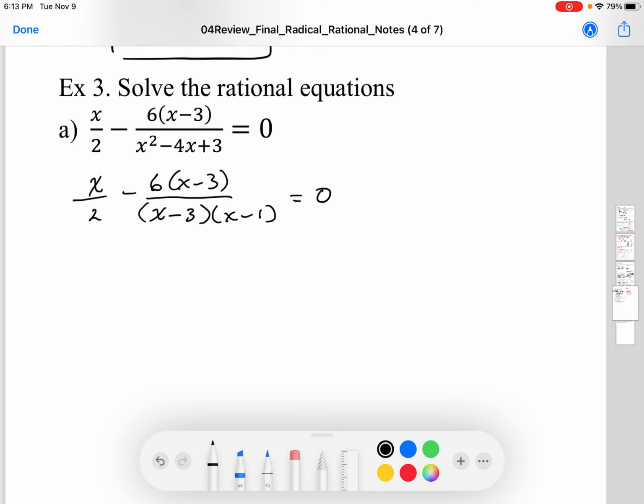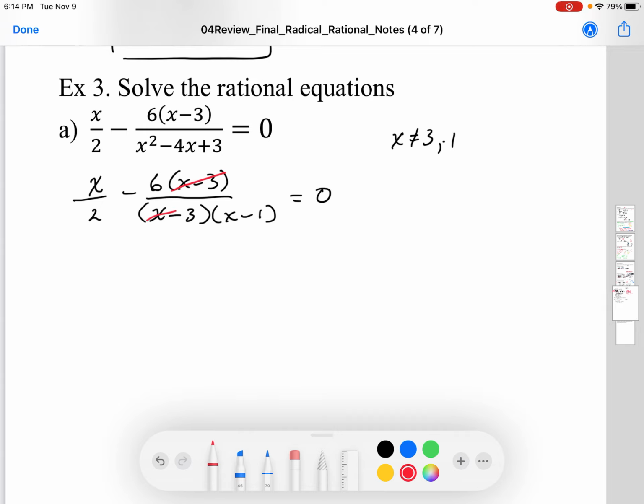I need to state restrictions. I can see that I can cancel here. So just to note that these will cancel, but before we cancel, we have to state the restrictions. So x is not equal to 3 and +1. Those will give us divide by 0, so we need to state those restrictions.